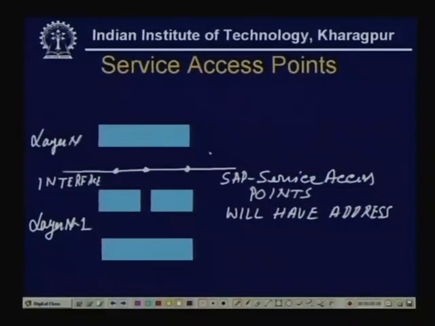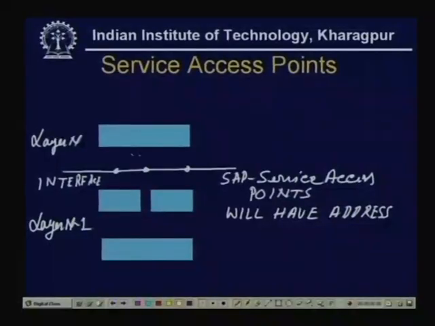Suppose we are using telephone system, that socket of the telephone system is the service access point of the telephone network, and as we know, each socket corresponds to a telephone number, and that is the address of that service access point. So, if I want to use the telephone network for data communication, my handset has to be connected to the socket, and then I can get the services of the telephone system.